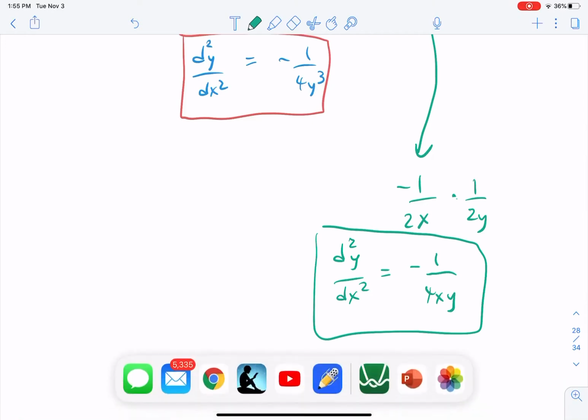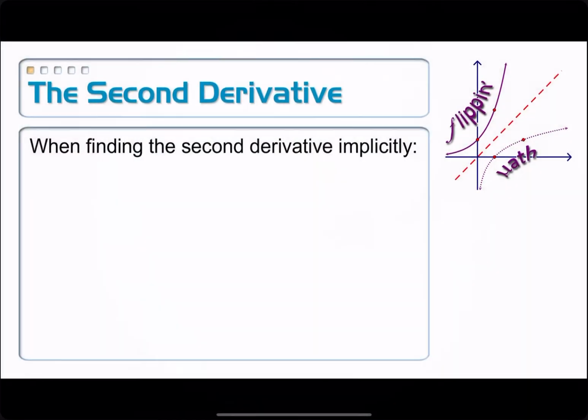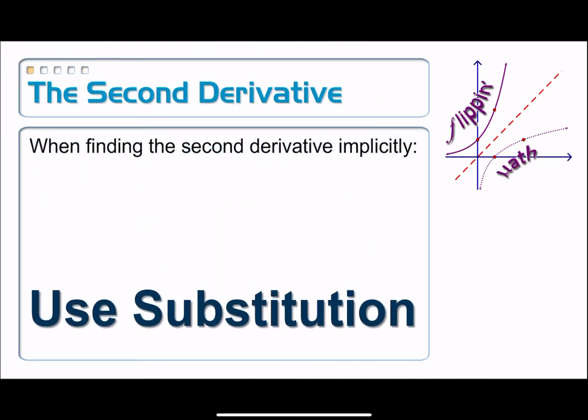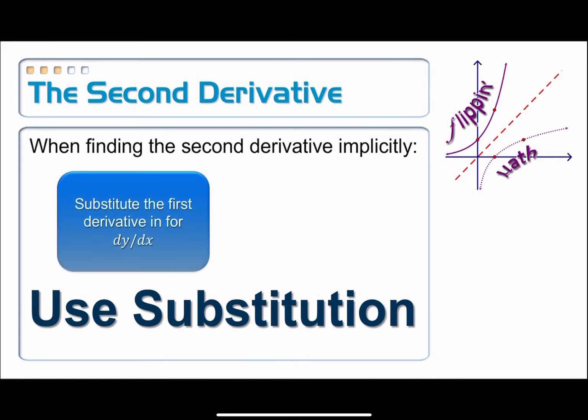Let me just recap here. When you're going to find the second derivative implicitly, you are often going to have to use some substitution. The first substitution is going to be substituting the first derivative in for dy dx. Whenever you take the derivative of the y, it's going to have a dy dx inside of the second derivative.